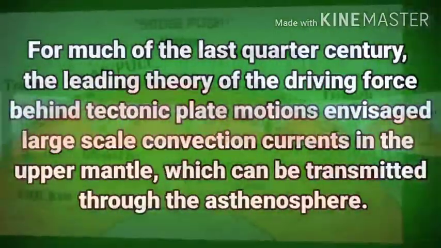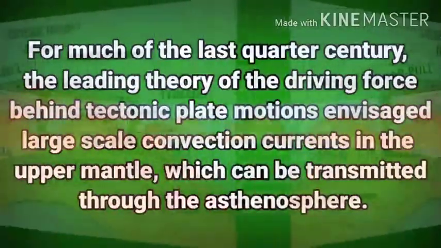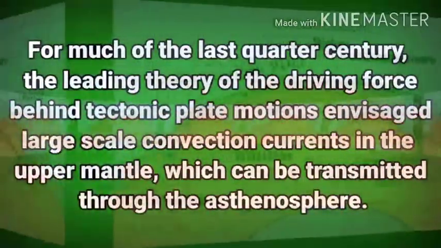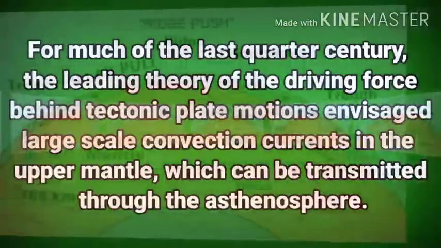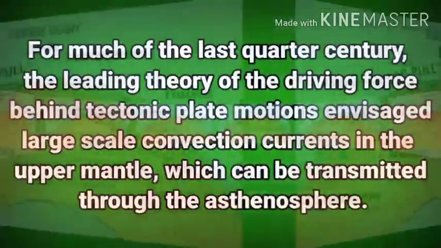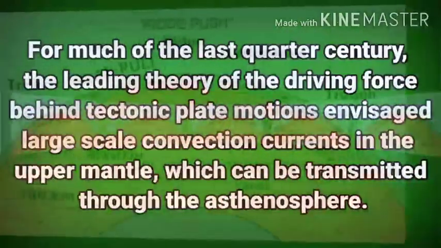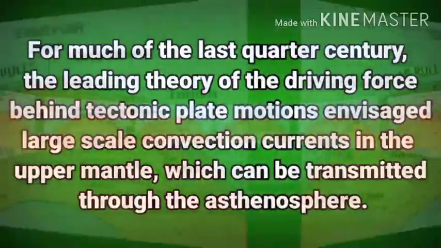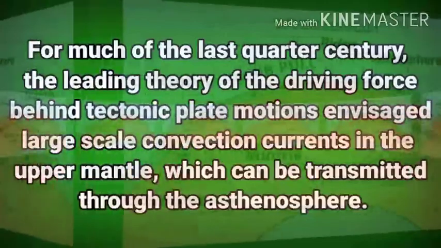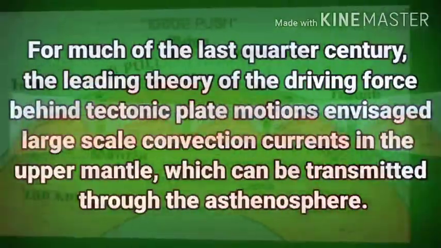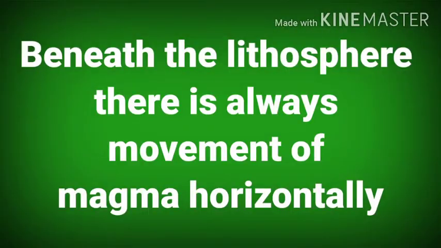Beneath the lithosphere, there is always movement of magma horizontally, which you have already studied in your third chapter. So here we can see the slow movement of hot, softened mantle that lies below the rigid plates is the driving force behind the plate movement.